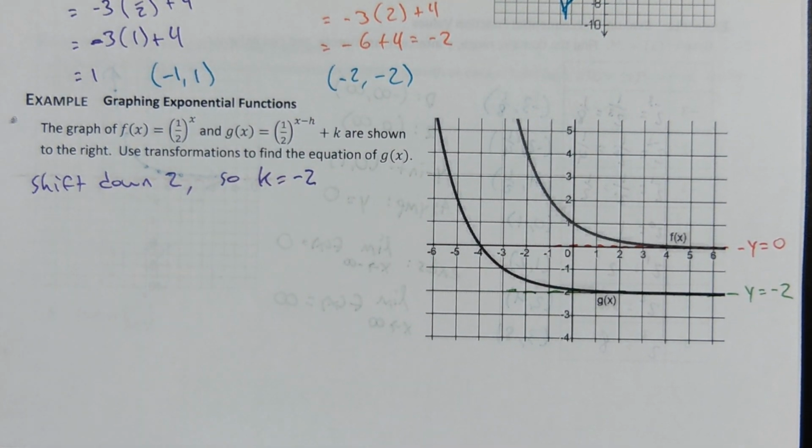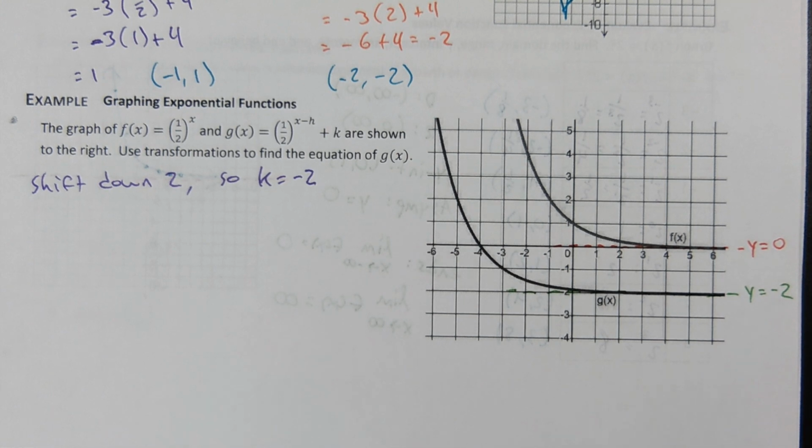There. So the horizontal shift is a little bit tougher to see. Not remarkably harder, but just a little bit. Here's how you're going to do this. Identify any pretty point on f of x. I don't care which one, just pick one. Someone shout one out to me.